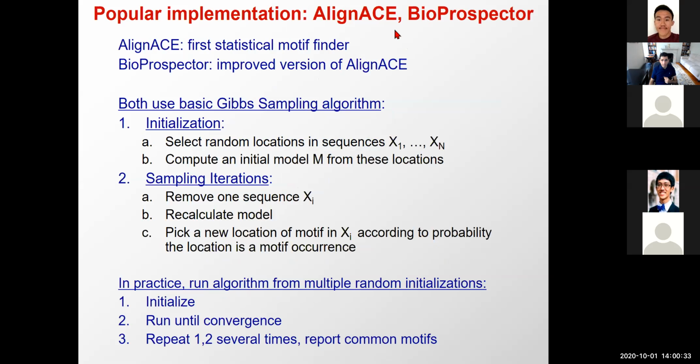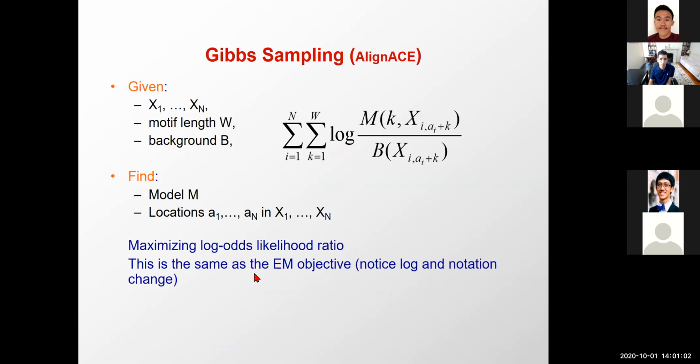All right, so AlignACE is a very popular implementation of Gibbs sampling, and BioProspector is also an improved version of AlignACE, and both use this Gibbs sampling approach of selecting random locations, computing an initial model, and then removing one sequence, recalculating the model, and then picking a new location according to the probability of that location being a motif's occurrence, and repeating until convergence.